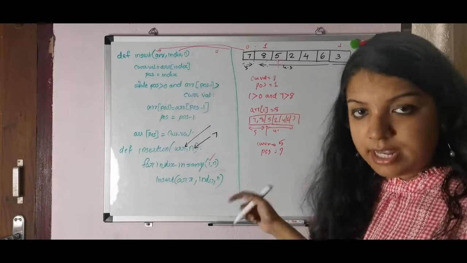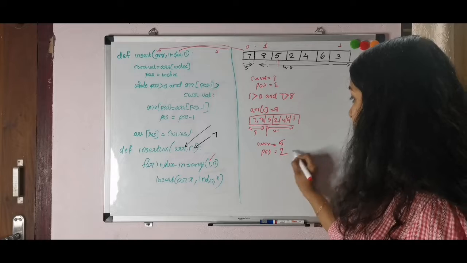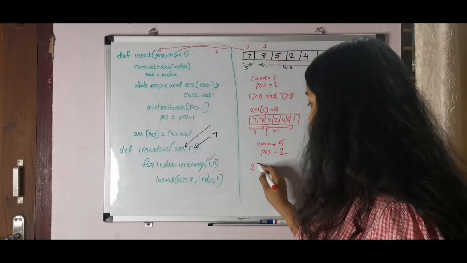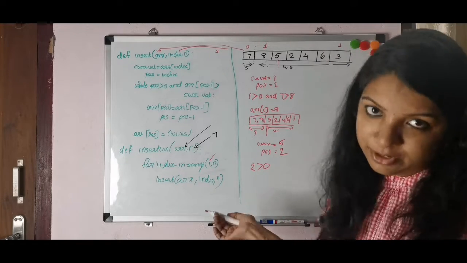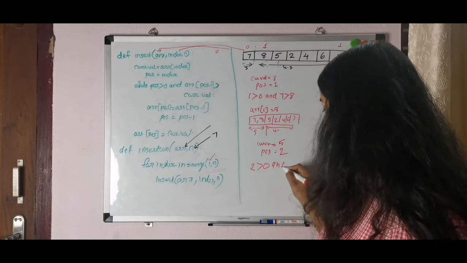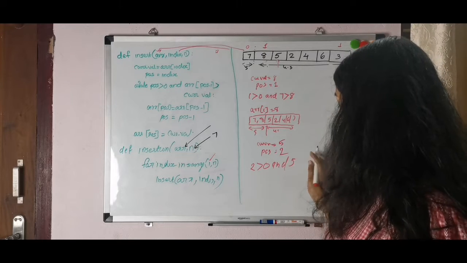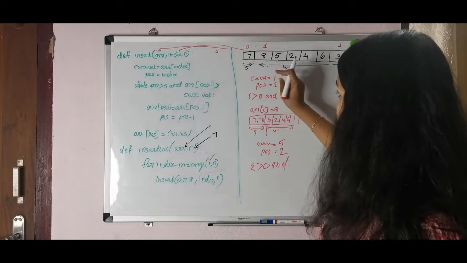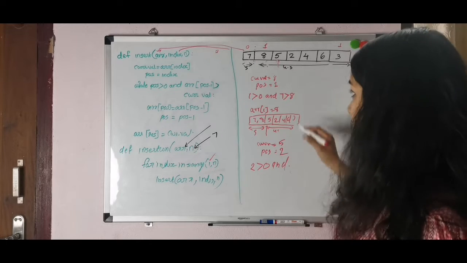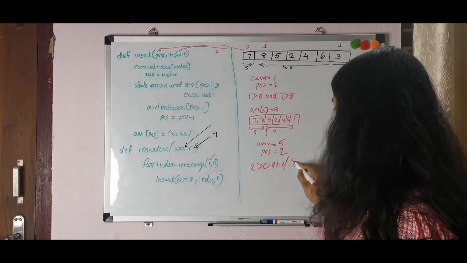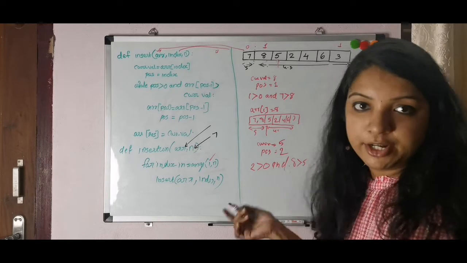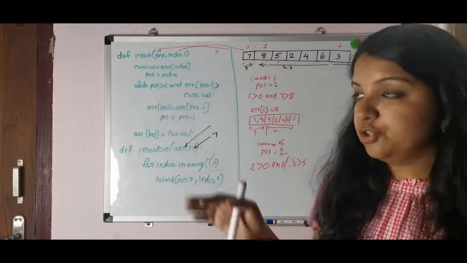So the condition will be 2 greater than 0. Absolutely, this condition is true. And AR of position minus 1, this one, so 8 greater than 5. That condition is also true. That means we need to swap.